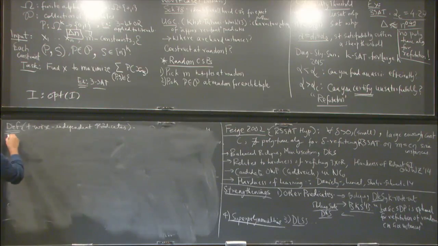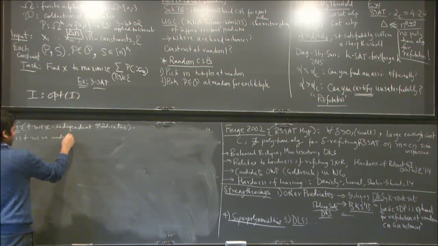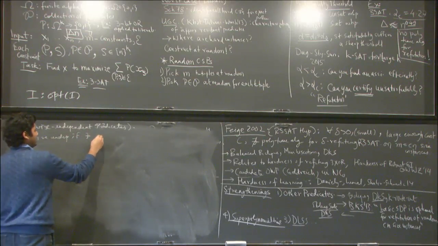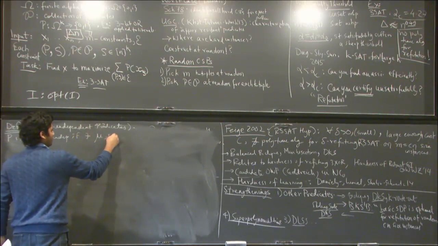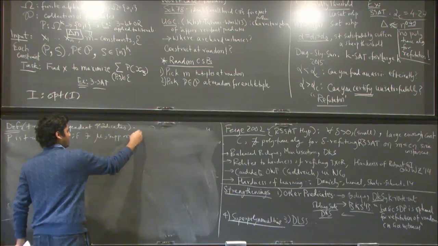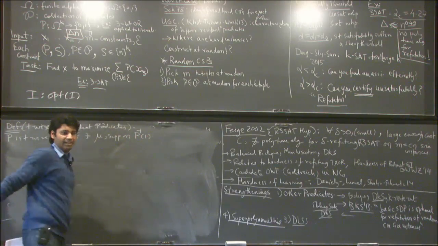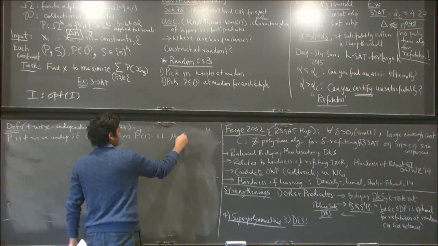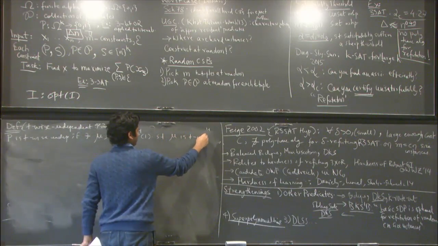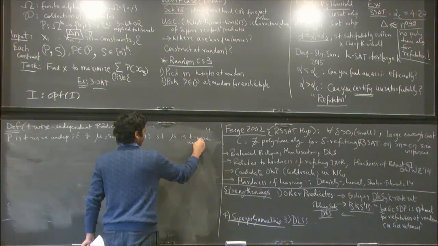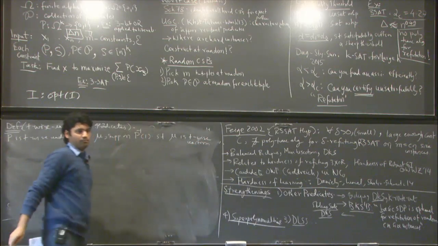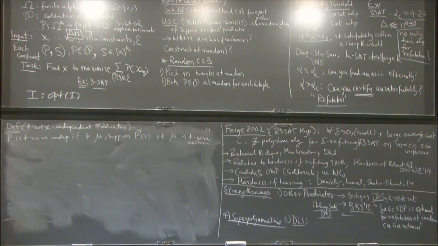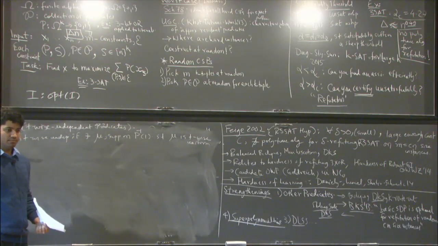I say that P is t-wise independent if there exists a distribution mu supported on satisfying assignments of the predicate P such that mu is t-wise uniform. In other words, the marginal of mu on any collection of at most t variables is the uniform distribution.